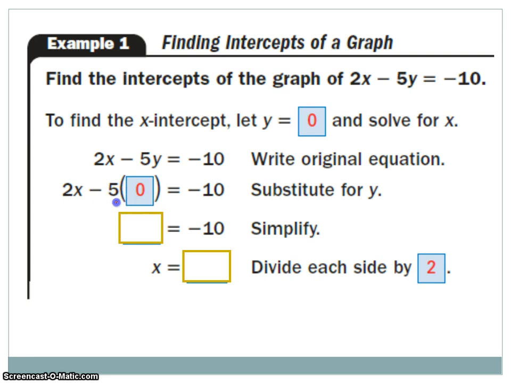Five times 0 is 0, and 2x minus 0 is 2x.